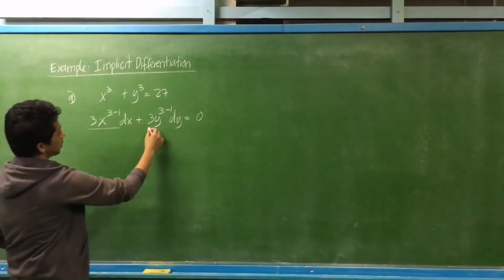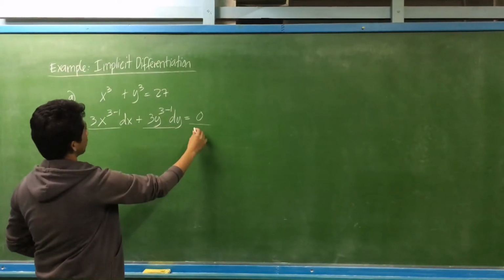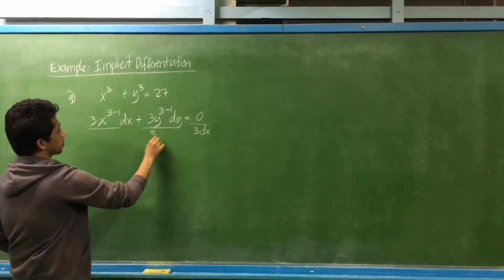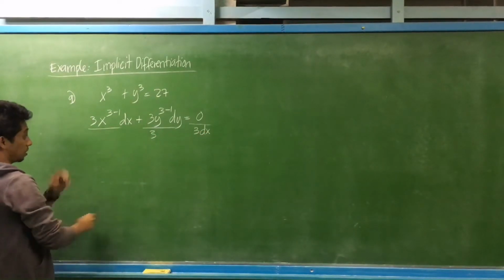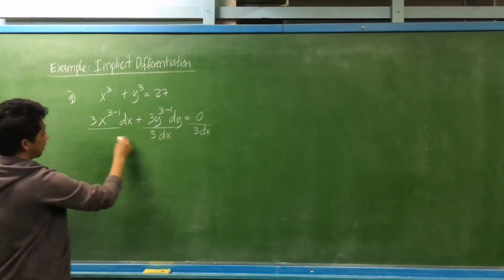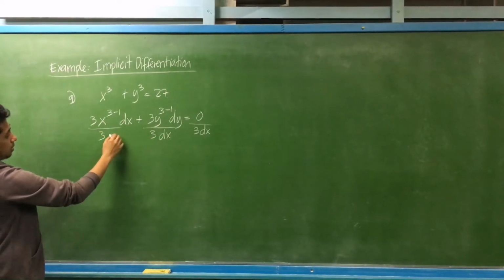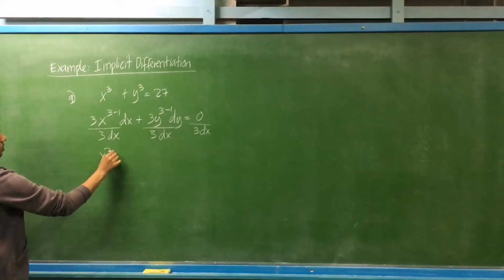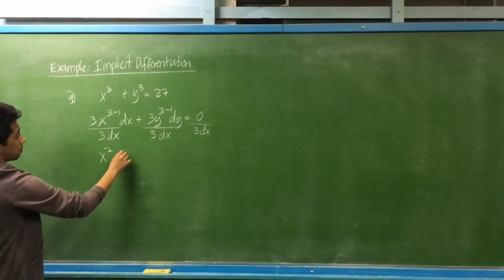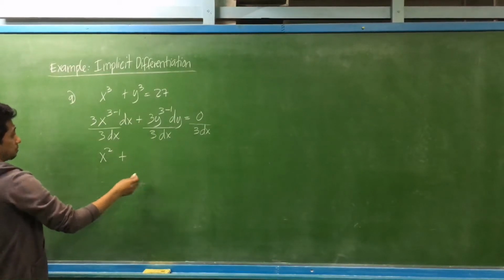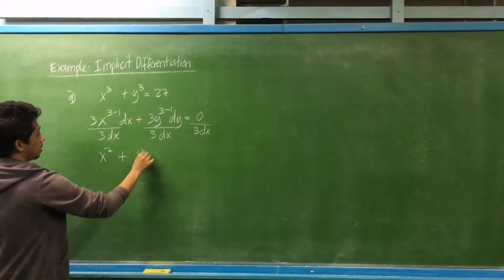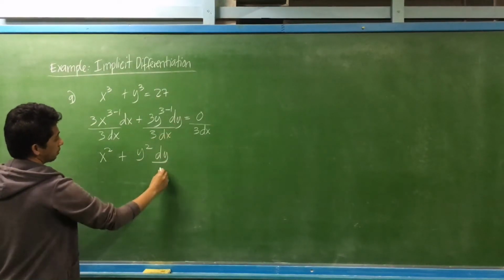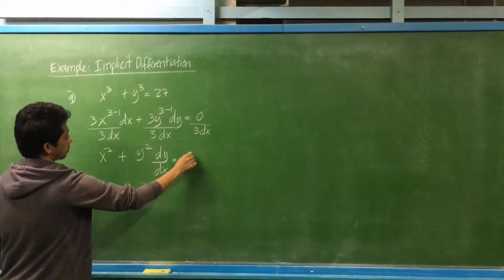So you may divide both sides of the equation by, let's say, 3 dx, just to eliminate the constant coefficient 3. Dividing all terms by 3 dx, this is now the same as x squared plus y squared dy over dx equal to 0.